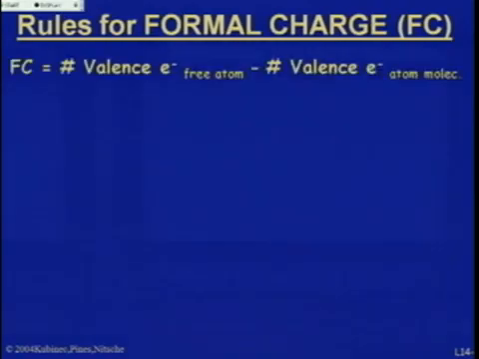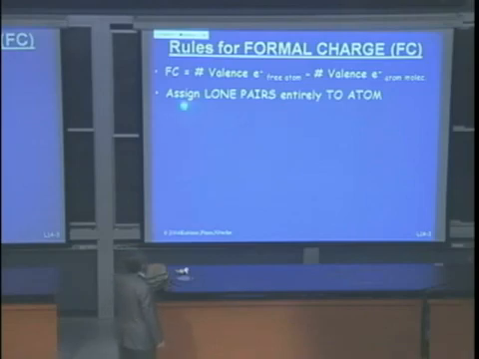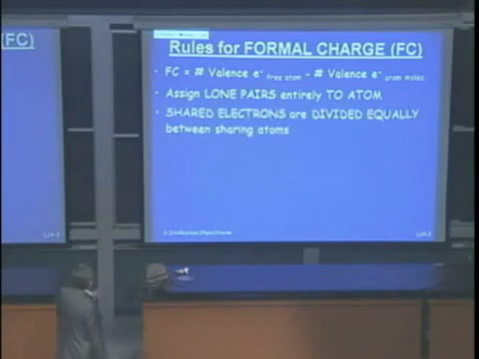The formal charge is the number of valence electrons in the free atom minus the number of valence electrons in the atom inside the molecule. You assign lone pairs entirely to the atom they are on. Shared electrons are divided equally between the sharing atoms. So there's covalent bonding, we share it equally.